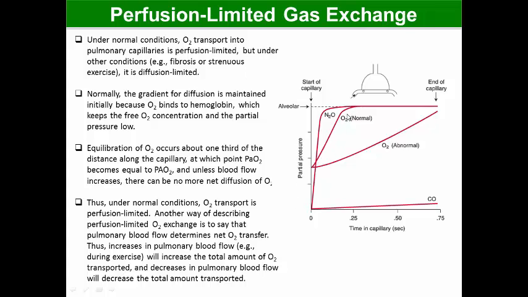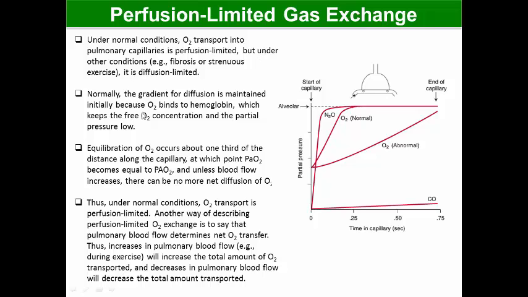It is perfusion limited. And we mentioned in the previous slides that it takes oxygen approximately 0.25 of a second to get equilibrated between the blood in the pulmonary capillaries and the air in the alveoli.